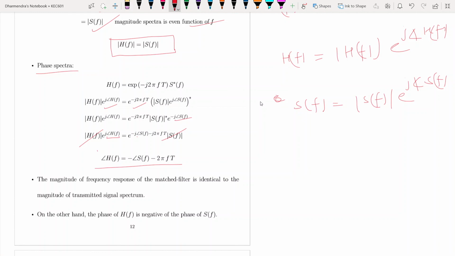So the magnitude of the frequency response of the matched filter is identical to the magnitude of the transmitted signal spectra. On the other hand, the phase of the frequency response is the negative of the phase of S of f. Capital S of f is the Fourier transform of S of t.